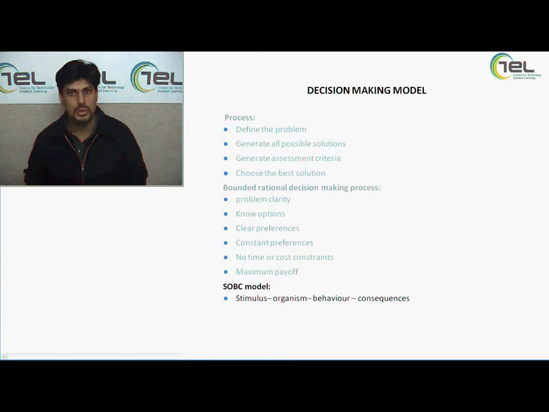So in the repeat of my scolding somebody, the stimuli are two: one, my scolding, and second, the consequences. So this model says that the consequences act as stimulus for people in organizations. They tend to behave keeping in mind the consequences that followed the previous situation.